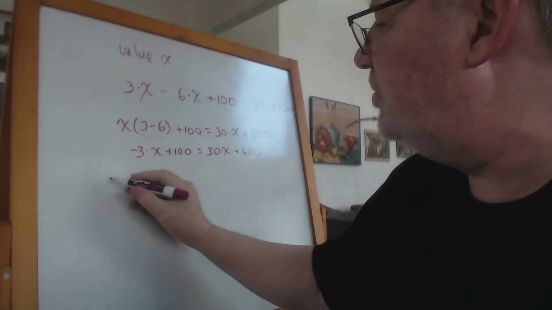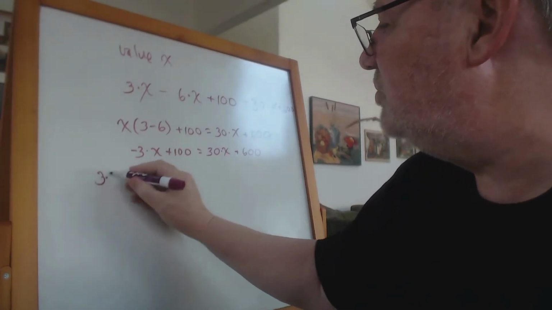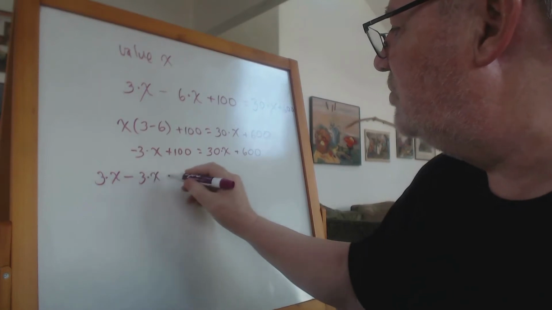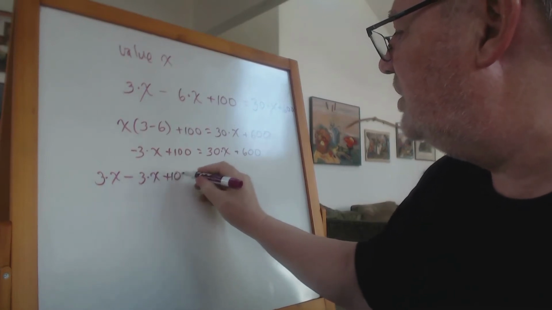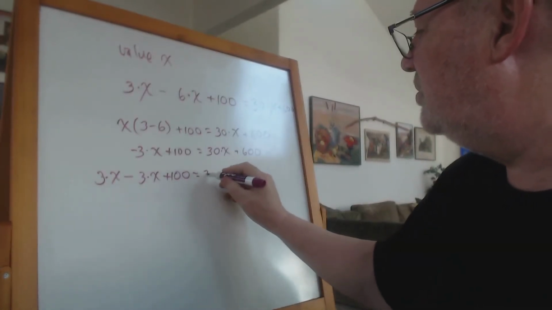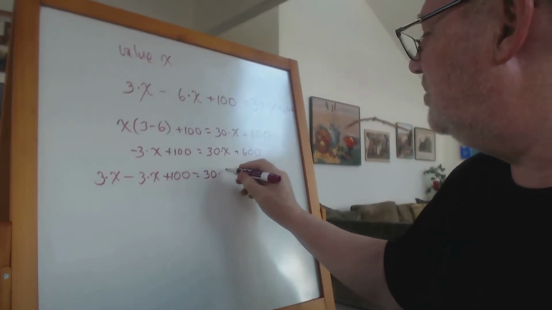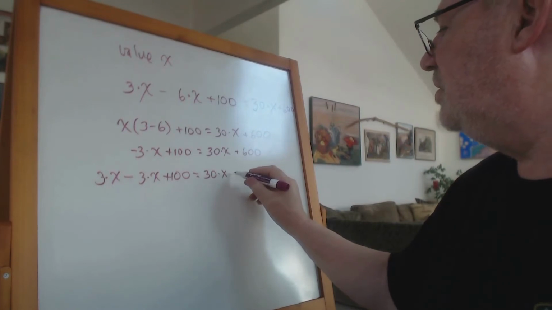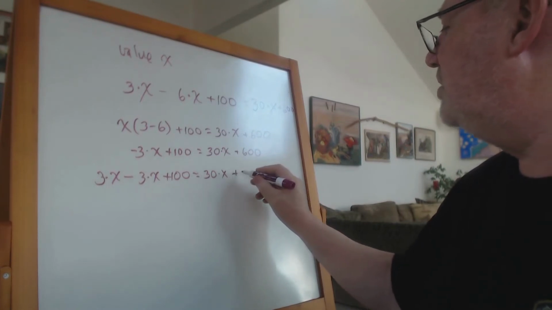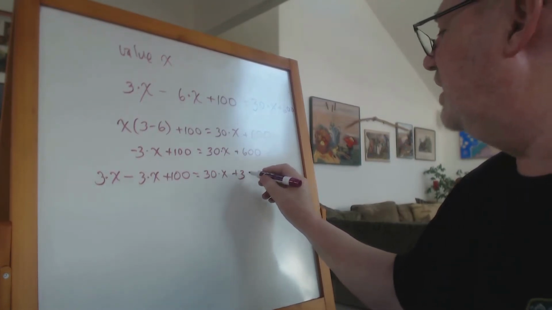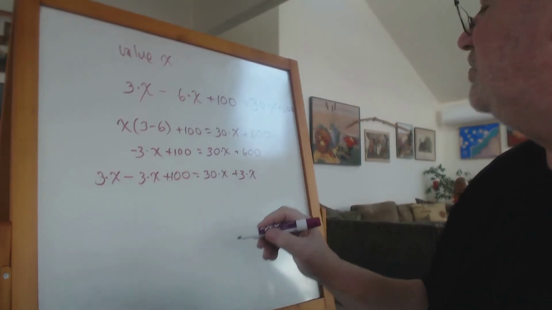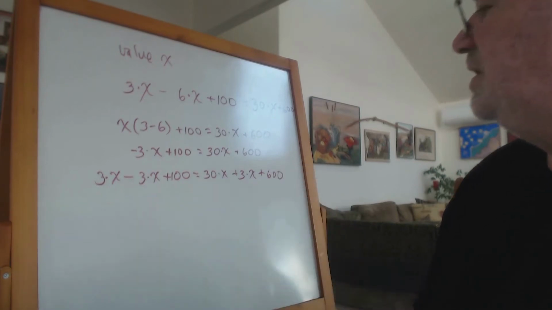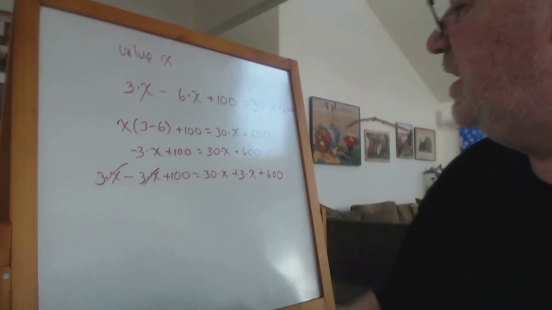So I go minus 3 times x plus 3 times x plus 100 equals 30 times x, and I added 3x on that side plus 600, and then the x goes away on that side.